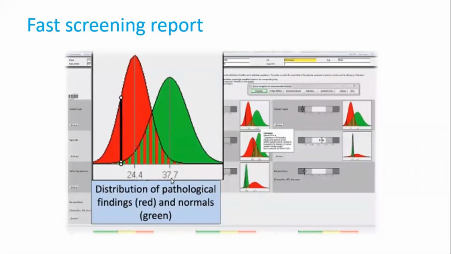If the black bar falls to the red side, it indicates that the patient has a value two standard deviations away from the normal population. That is, the value is abnormal.